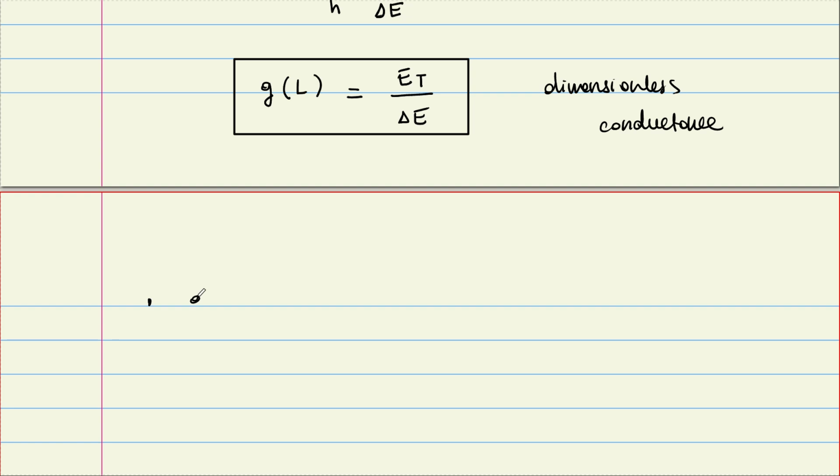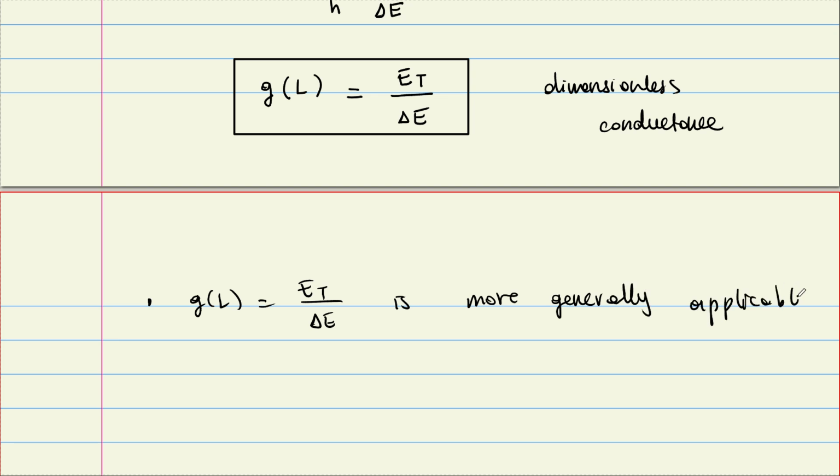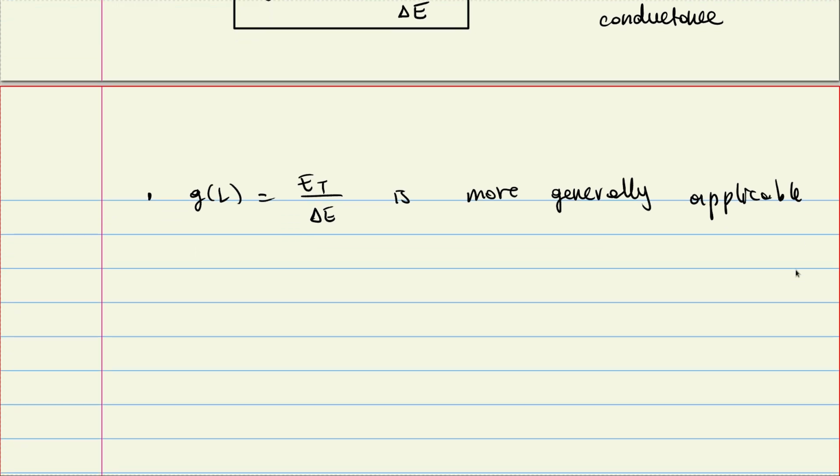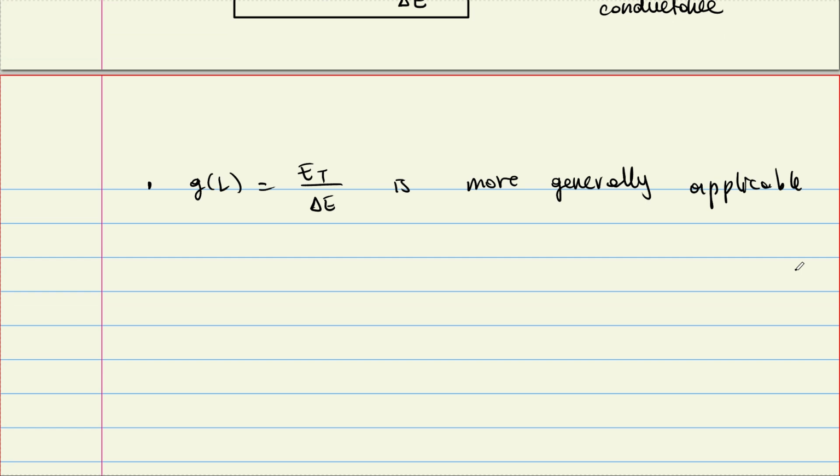So this G of L, equal to E tau s over delta E, is more generally applicable, even beyond diffusive conductors. Let me try to explain what this quantity does in good metals and in insulators, right?